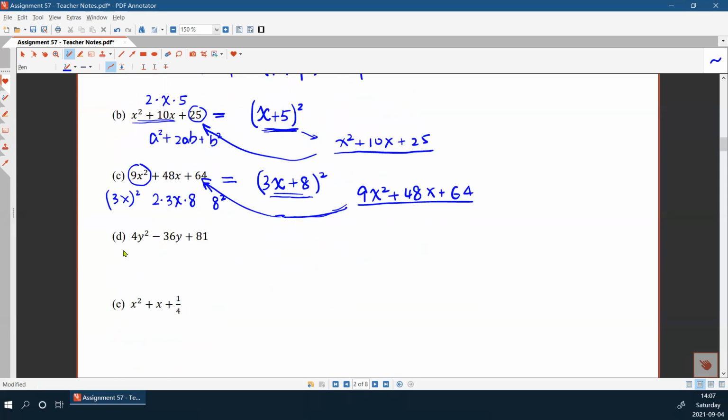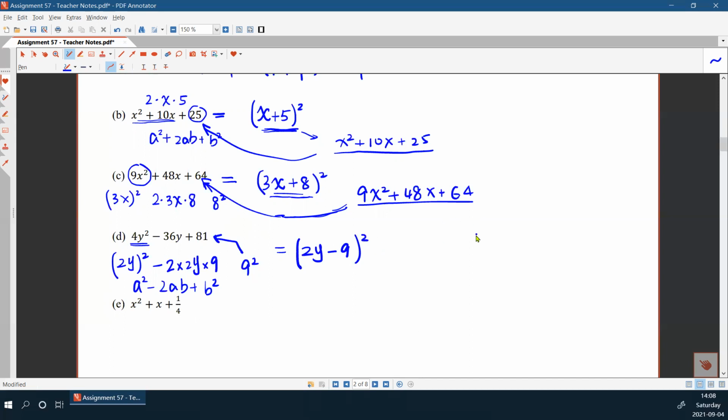All right, next one. Note that 4y squared is 2y to the power of 2, right? And 36y can be written as 2 times 2y times 9, right? And here the 81 is 9 squared. So again, we can use the formula a squared minus 2ab plus b squared. So this can be factored to 2y minus 9 squared.